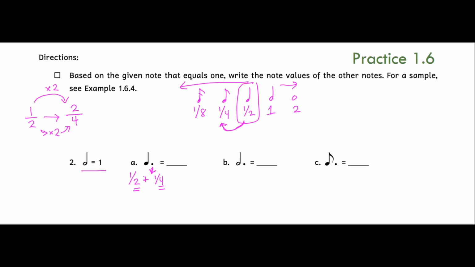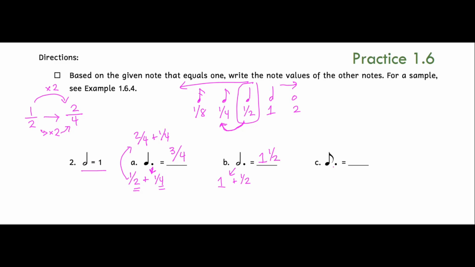So when we rewrite this, we can say it's 2/4 plus 1/4. Okay? 2/4 plus 1/4 is 3/4. So a dotted quarter is worth 3/4. Moving on to 2B, we see a half note is equal to 1. Half of 1 is half. So 1 plus half is 1.5.